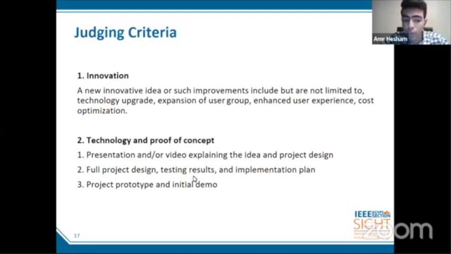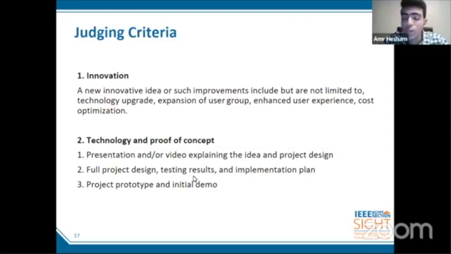Technology and proof of concept: you can use one of 3 ways to prove your concept, like a presentation and/or video explaining the idea and the project design, the full project design, testing results, and the implementation plan.